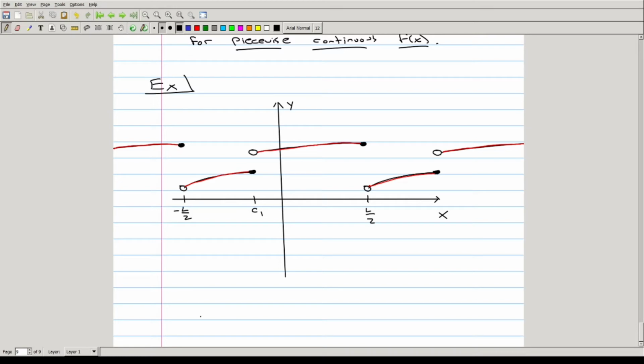at negative L over 2, at C1, at positive L over 2, at C1 plus L, the period, so this point right here, and so on and so forth. These are the points of discontinuity of the function.